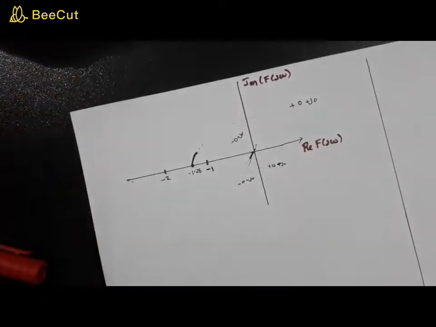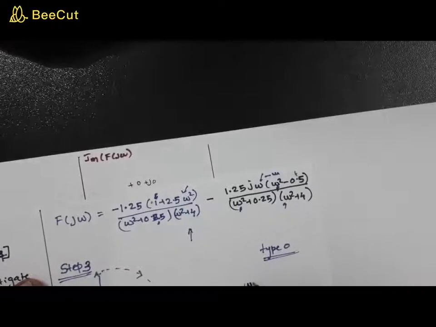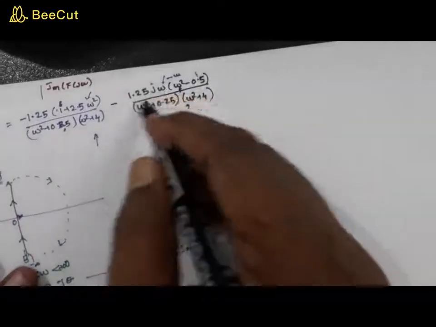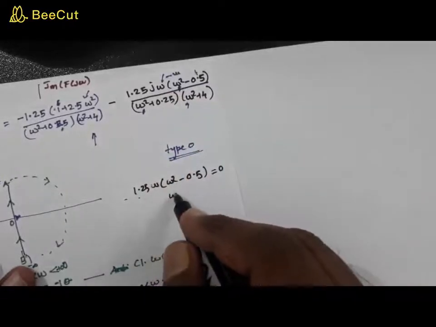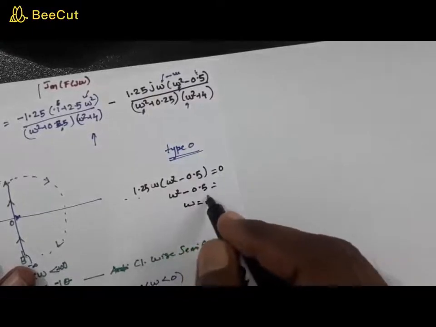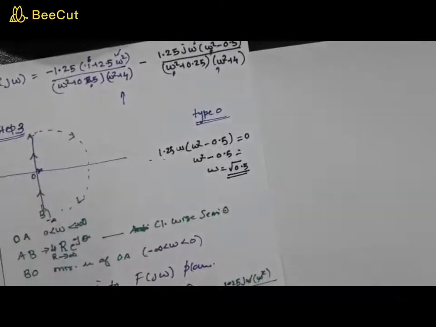So when the imaginary term becomes 0, that is omega into omega square minus 0.5 that is 1.25, this term, the whole divided by the denominator. When it is equated to 0, the denominator has no value, so the numerator can be 0. That means omega square minus 0.5 can be 0, or omega can be root of 0.5.